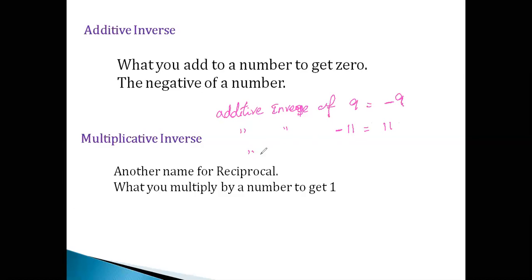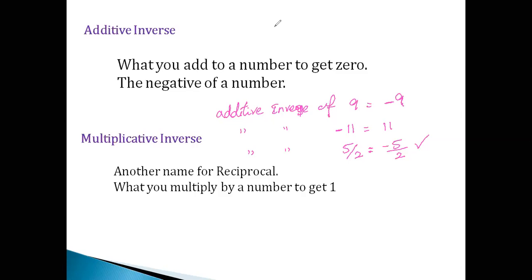And you might have a question about fractions. What is the additive inverse of 5 by 2? We are not flipping the fraction here. We are just writing the opposite sign, minus 5 by 2. We flip the fraction when we are finding the reciprocal, but additive inverse is nothing but just the opposite sign of a number.